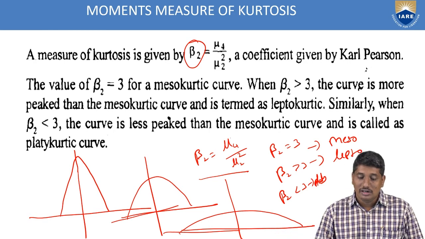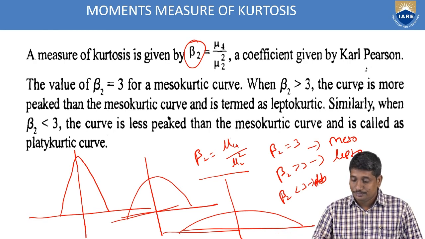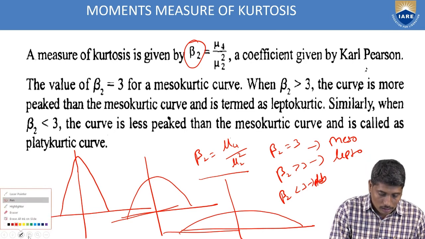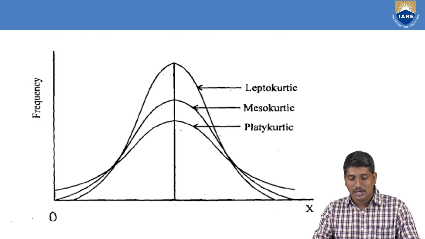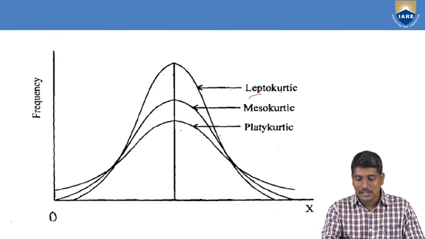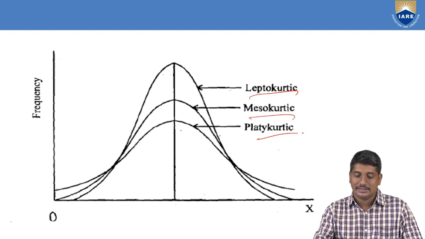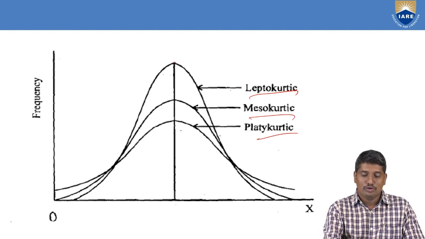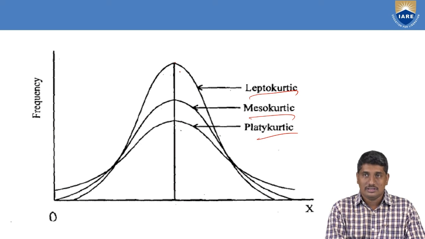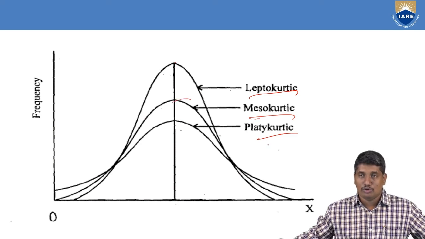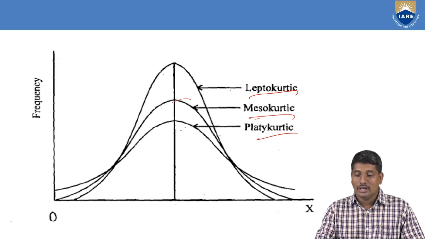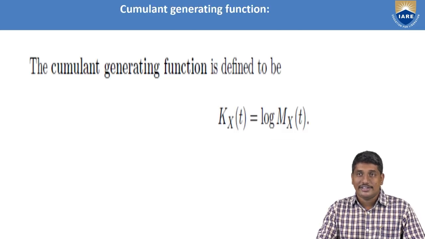This is called kurtosis. So you can understand all the three things in a single diagram: leptokurtic, mesokurtic, and platykurtic. Leptokurtic means more height, less occupancy. Mesokurtic means balanced height, balanced occupancy. Platykurtic means more occupancy, less height. In this way you can understand.